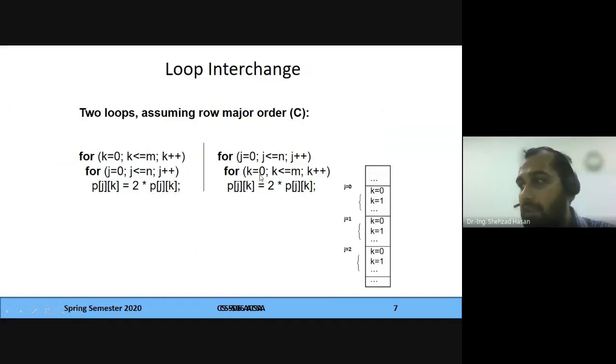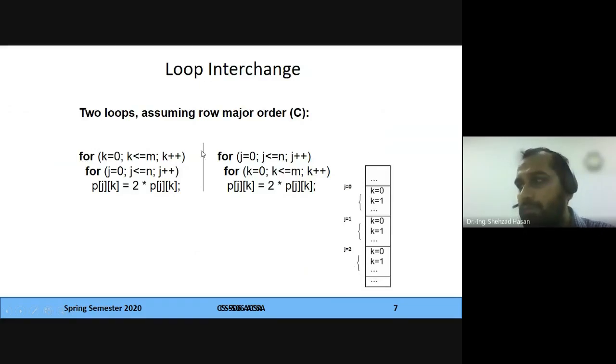Then in the right hand side program, what is happening is we are changing the values of k frequently. That is, we are going to take the first element over here, then this one, and so on, and then we are going to change our j value, and it's going to come back to j equals 0, and then it's going to continue and so on like that, right?